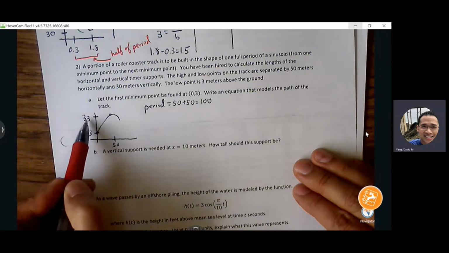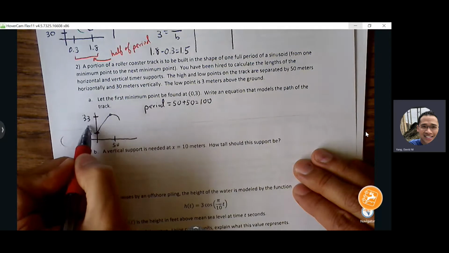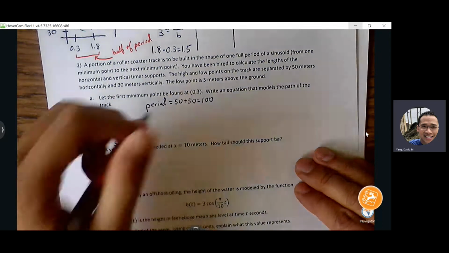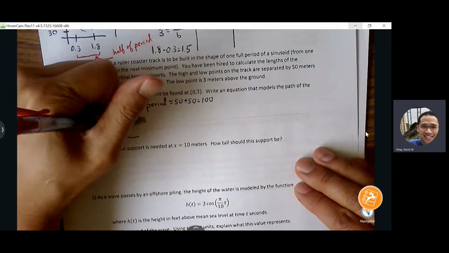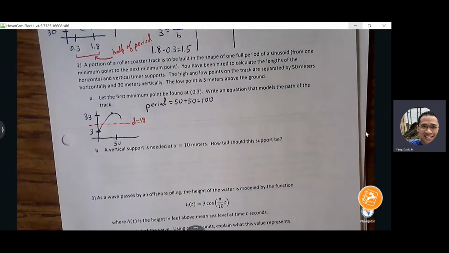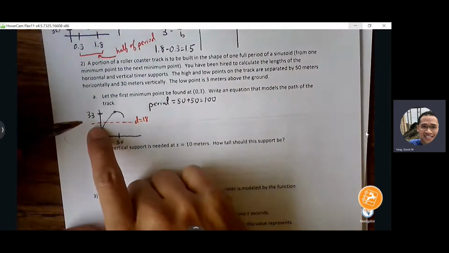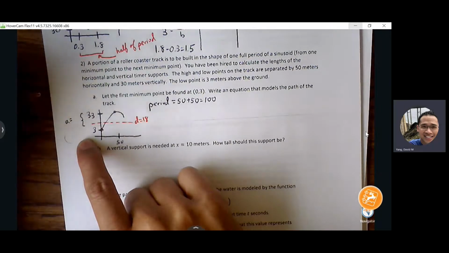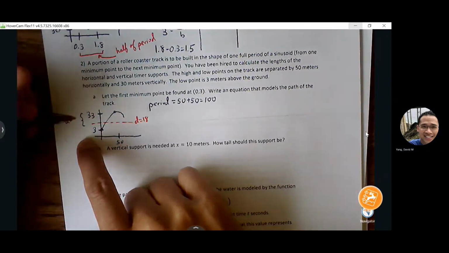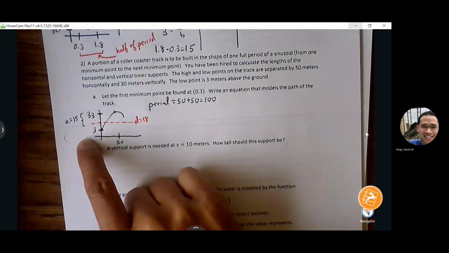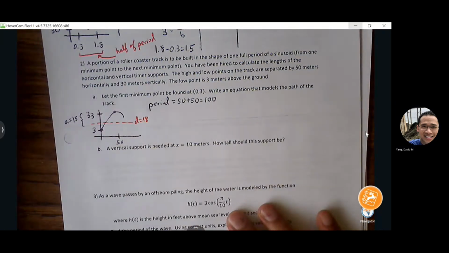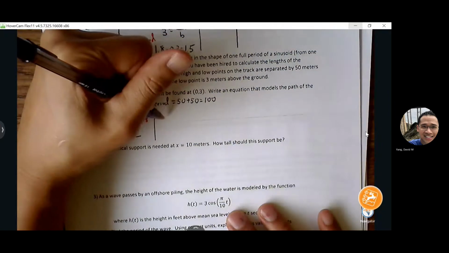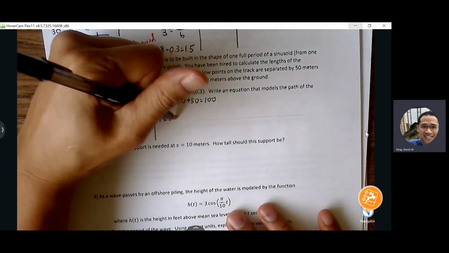So 3 plus 33 is 36. 36 divided by 2 is 18. The A value is the distance from D to the peak. Period is 2 pi over B.